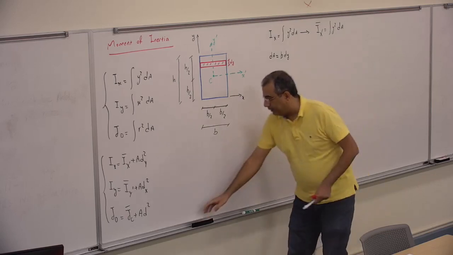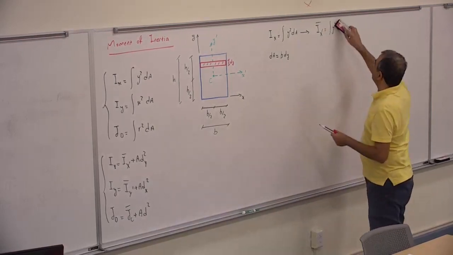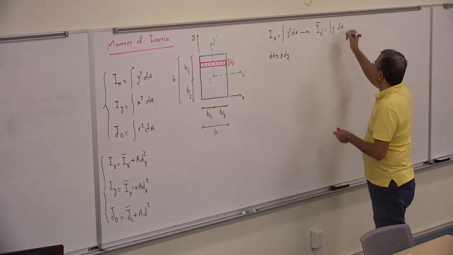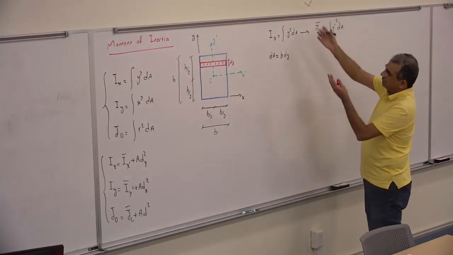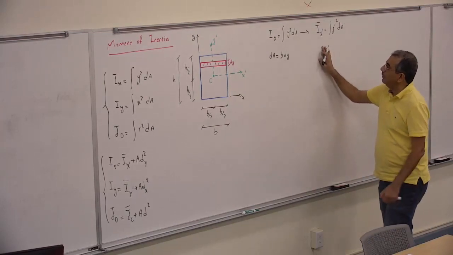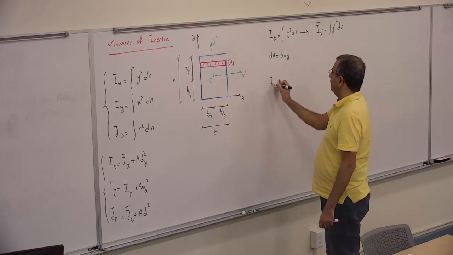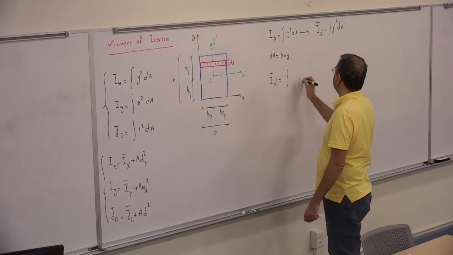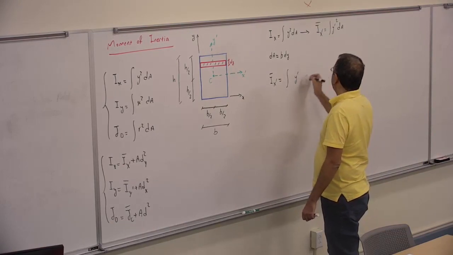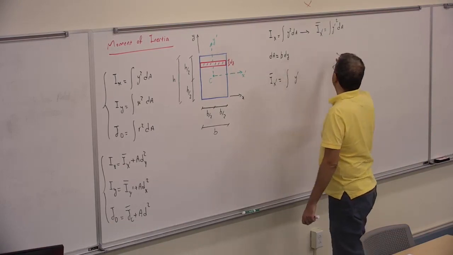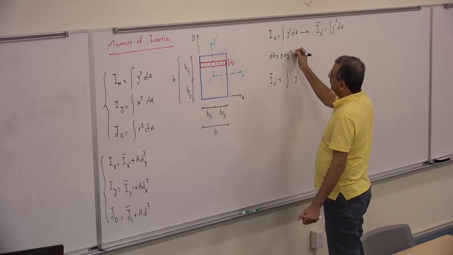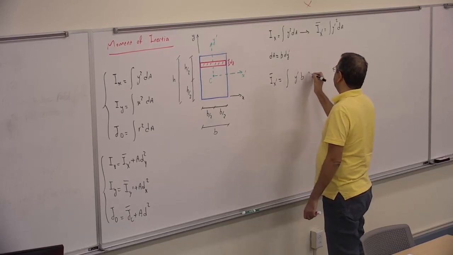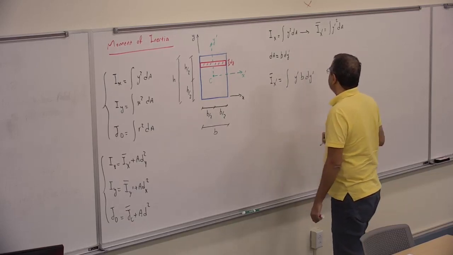And by the way, because I'm doing it for x prime, it's going to be y prime squared. So I_x prime would be the integration of y prime squared, and this is also going to be dy prime.